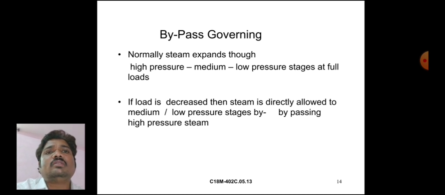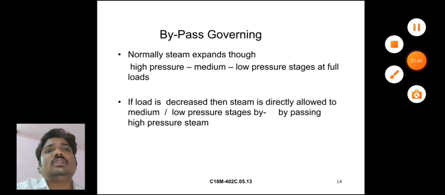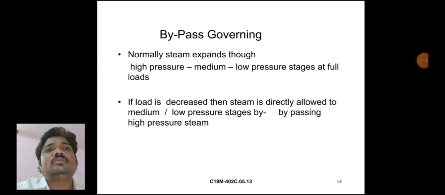If load is decreased, then steam is directly allowed to medium or low pressure stages by bypassing high pressure steam. Normally steam expands through high pressure, medium pressure and low pressure stages at full loads.